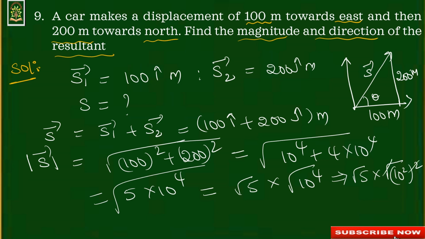Square root cancels, so this is equal to root 5 into 100. Modulus of S bar is equal to root 5 into 100.